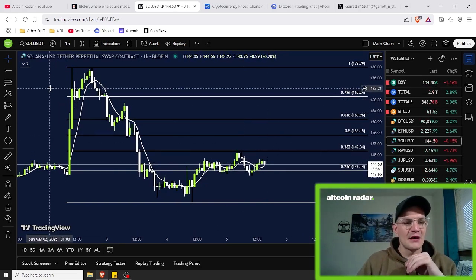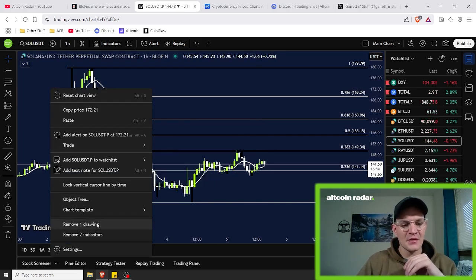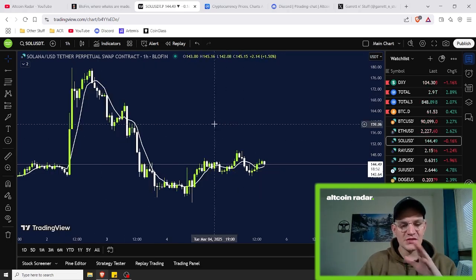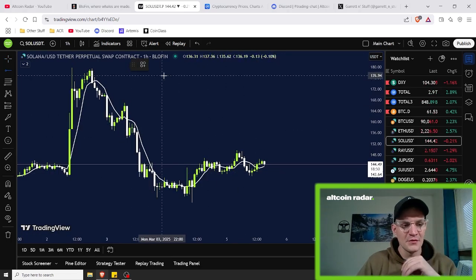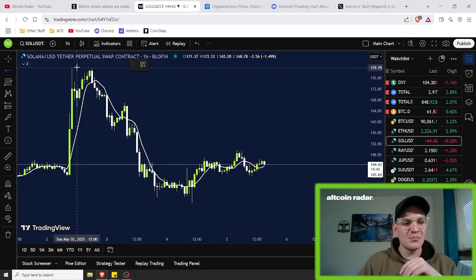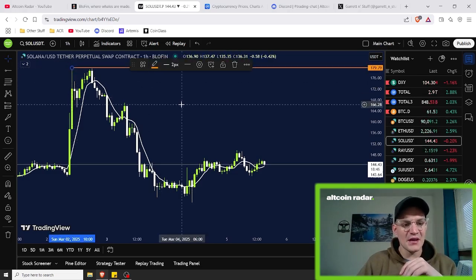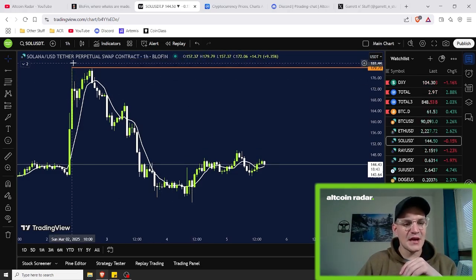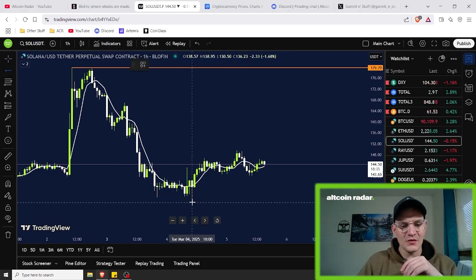Now, if we take the Fibonacci away and just look at it from plain view, if you want to instead place your own support and resistance levels, you can. Obviously, the very top of this swing right here is going to be resistance. And then down here at the very bottom, we've got our support level.